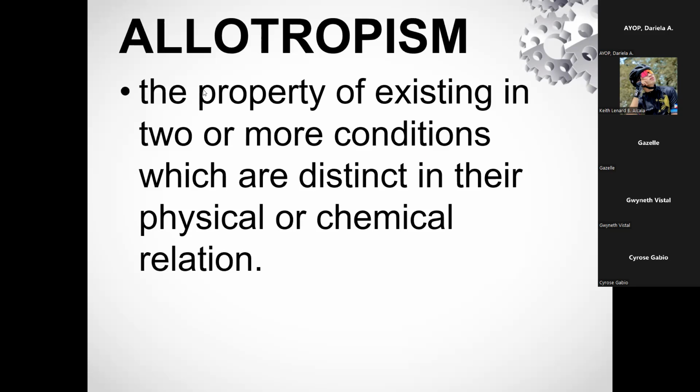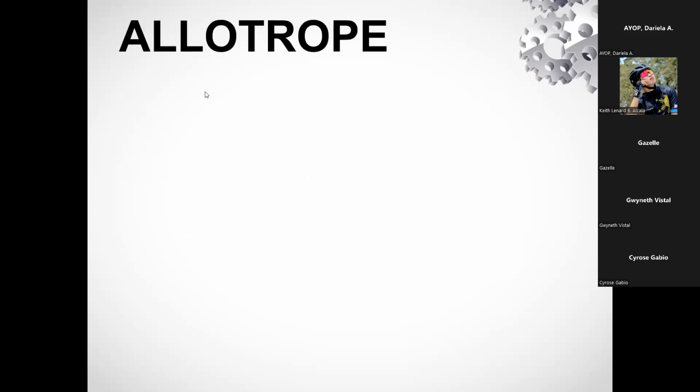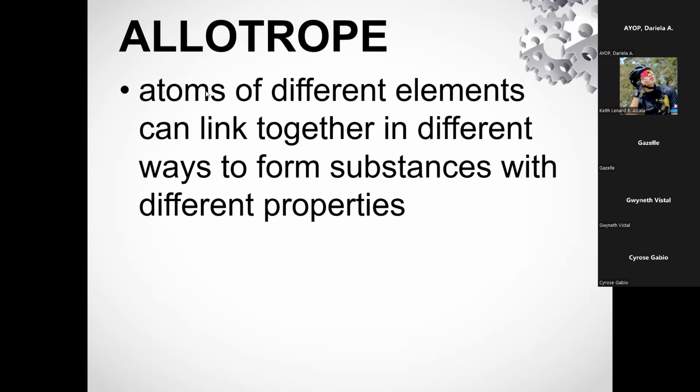Again, the property is called allotropism, and these substances that undergo allotropism class is called allotropes. So let me give you an example para mas maintindihan nyo ano yung allotropes. Example, carbon itself. Marami tayong class, conditions ng carbon. Si carbon pwedeng mag-exist as diamond.